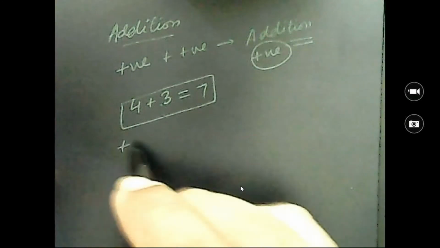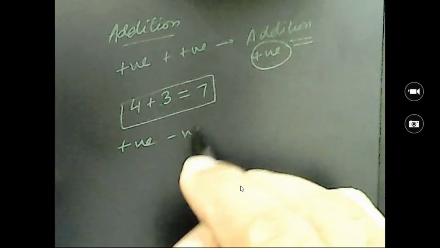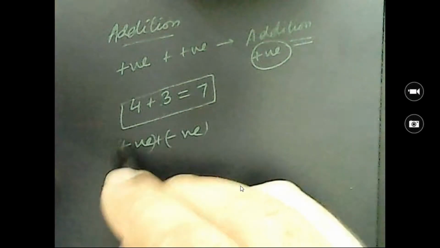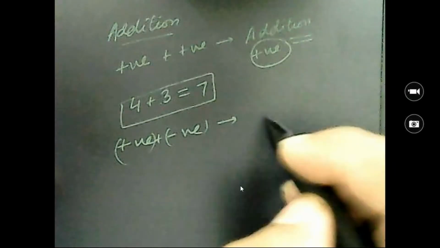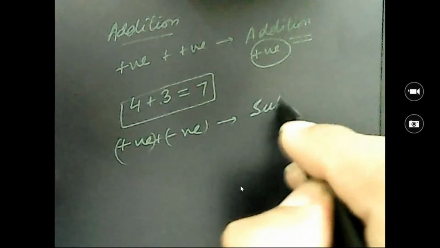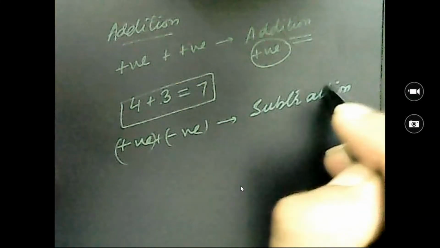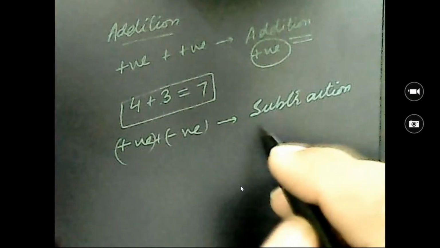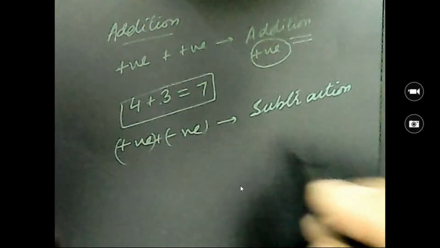Now, if we are trying to add a positive number with a negative number, the operation involved will be subtraction, and the sign will be the sign of the greater number.